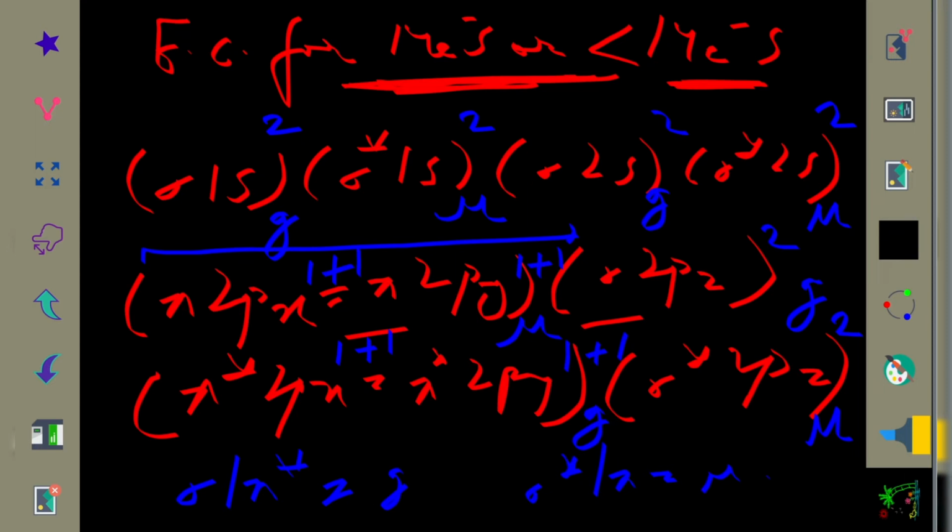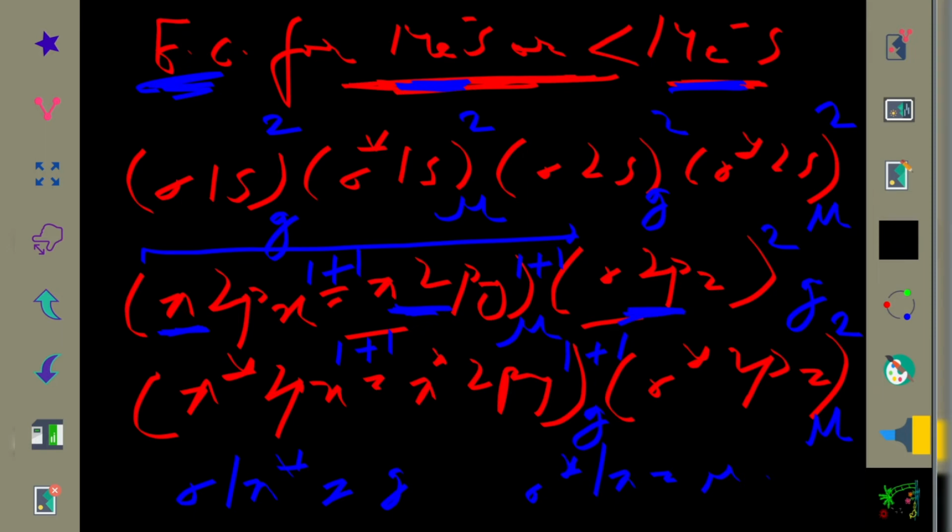But for the electronic configuration for 14 electrons or less than 14 electrons, we have to consider this type of electronic configuration where pi 2px and pi 2py is more stable when compared to sigma 2pz.